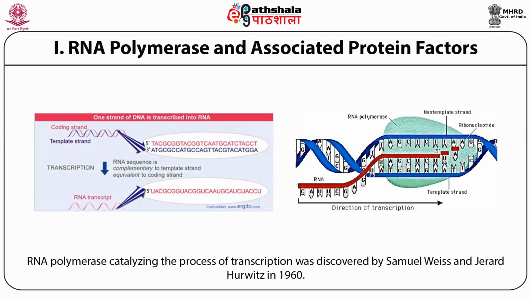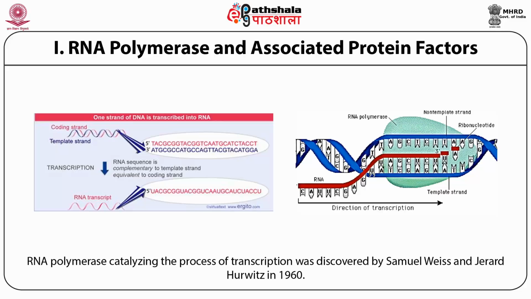RNA polymerase, which catalyzes the process of transcription, was discovered independently in 1960 by Samuel Weiss and Jerard Hurwitz. The information on the DNA is used by RNA polymerase to make mRNA using one of the strands of DNA as a template, also known as the antisense or non-coding strand.